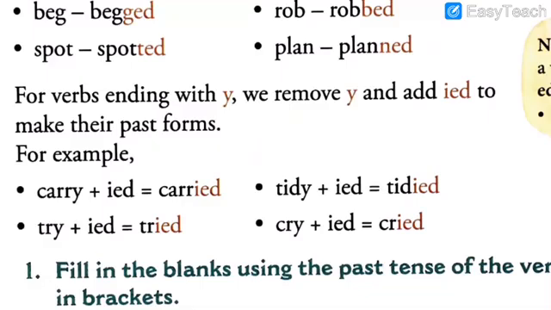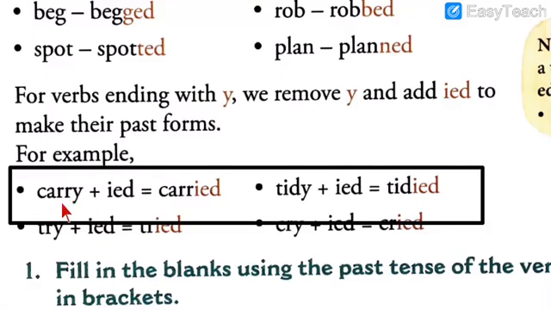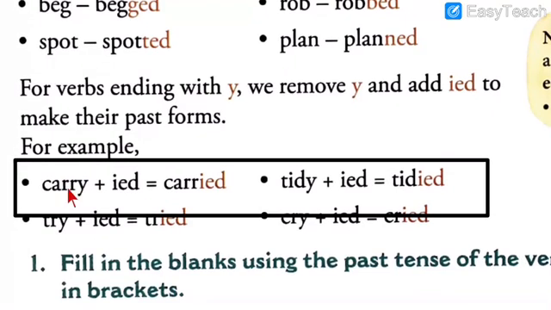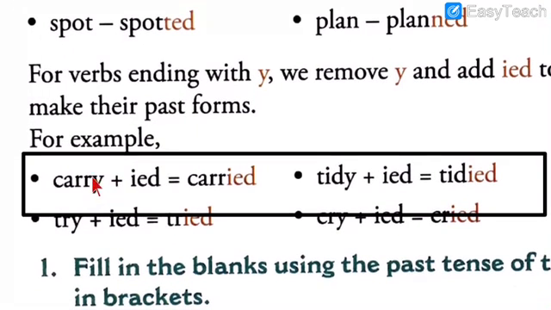Like when the train is at the station, the back part, the boxes, the other coaches are separated and other coaches are joined with the train. So similarly, here the word is carry. It ends with y. Now we have to remove this y and add ied.